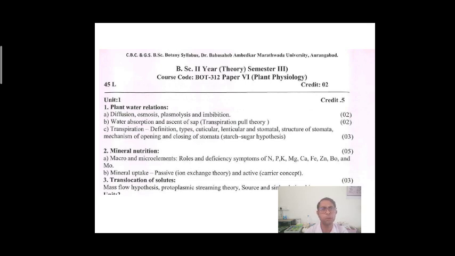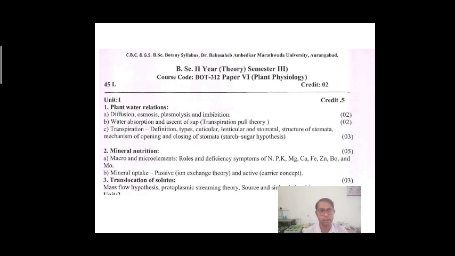This plant water relation has different terminologies, for example diffusion, osmosis, plasmolysis and imbibition. These terminologies are helpful in the movement of water within the cell and outside of the cell. These are the different terminologies which we are going to concentrate on in unit number 1, plant water relation. Along with that, water absorption and ascent of sap.